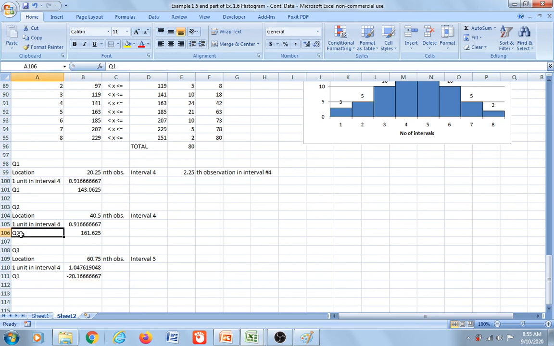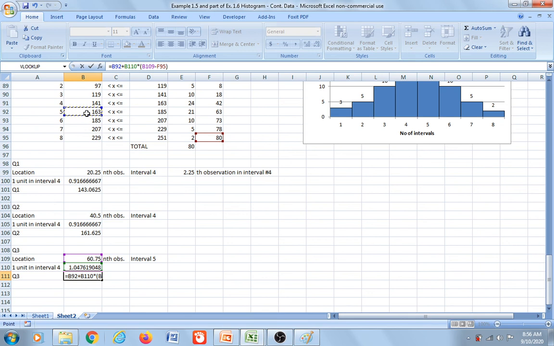Sorry, I need to change this into Q2. I need to change this into Q3. So it is in interval number 5. What is the lower bound of interval number 5? So 163 plus the length of 1 unit in interval number 5, okay, times the location, which is 60.75 minus the cumulative frequency of the previous interval, which is interval number 4.